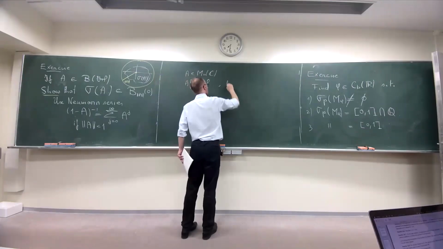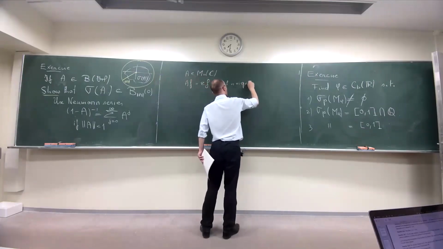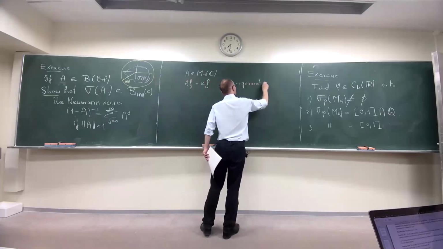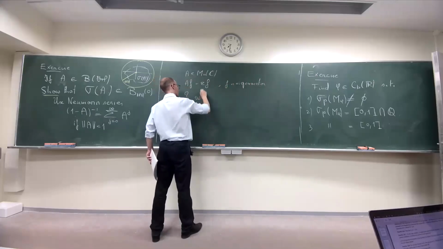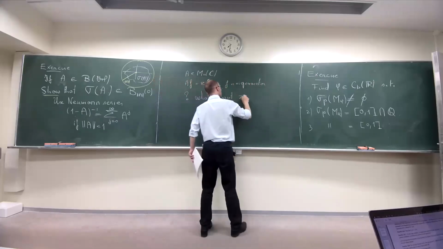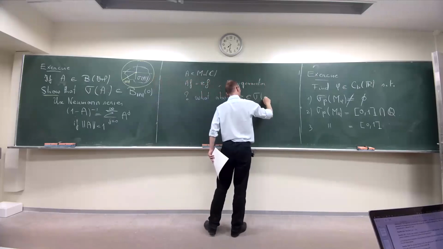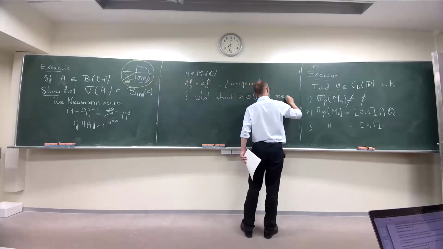As he said, F is an eigenvector. Do we have the same thing? Question. What about Z in the spectrum of A, but not in the point spectrum?